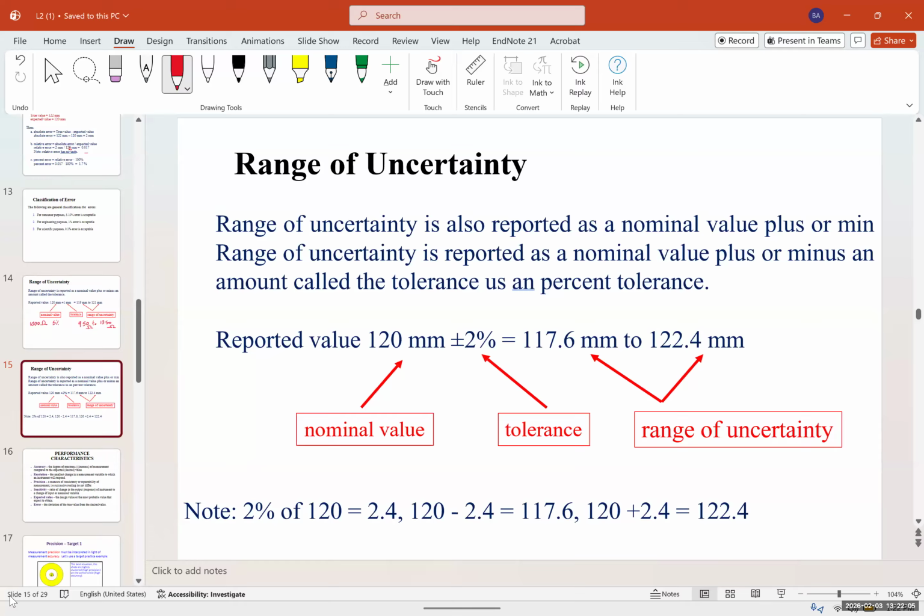So again, this one is going to be between 117.6 and 122.4, because 2% of 120 is 2.4. Therefore, it's going to be 120 minus 2.4 and 120 plus 2.4, which we saw in the previous example for the resistor as well.